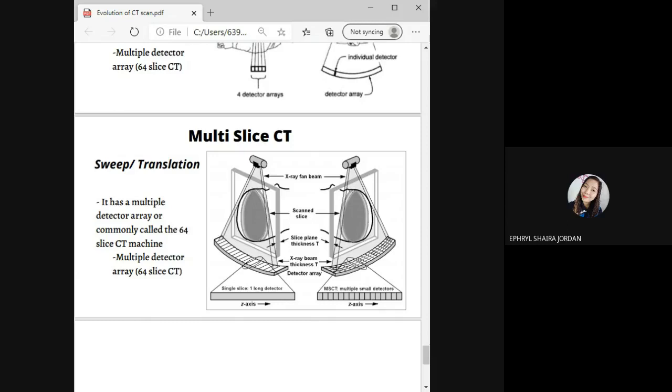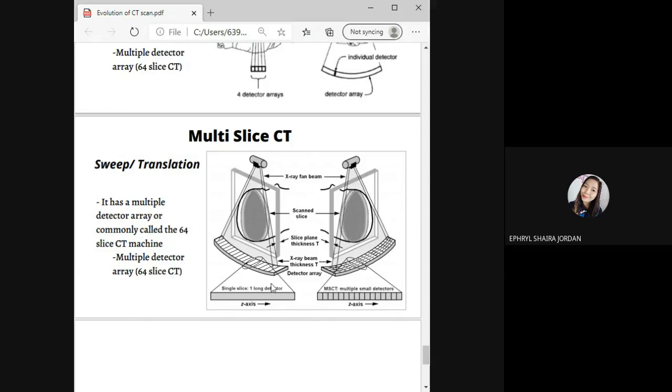So together with incorporating multiple detectors, syempre, the software and computer should also improve. So, if maganda na yung marami na yung detectors, dapat mas maganda din yung computer and software capacity para ma-process and ma-reconstruct yung iyong data in just a short period of time.